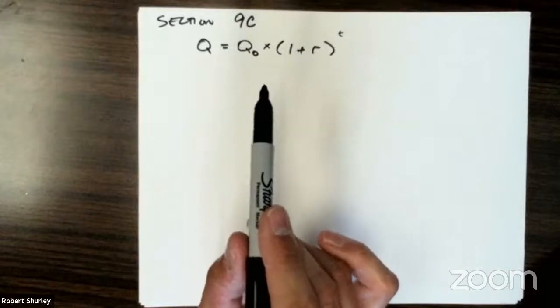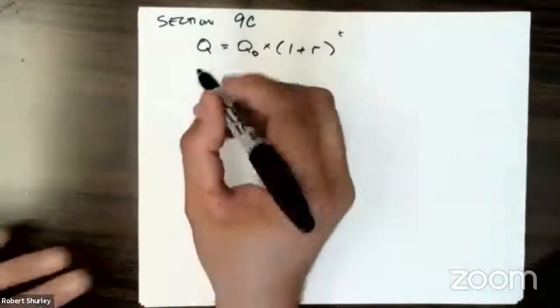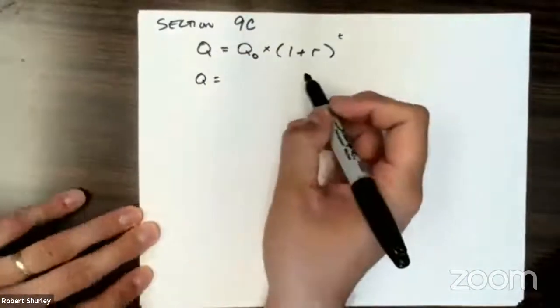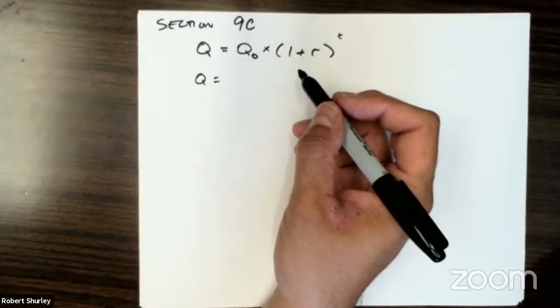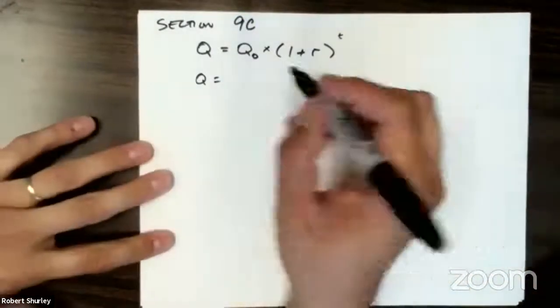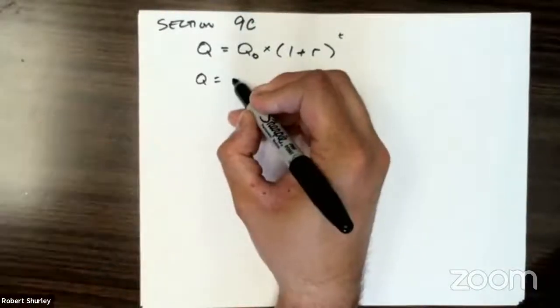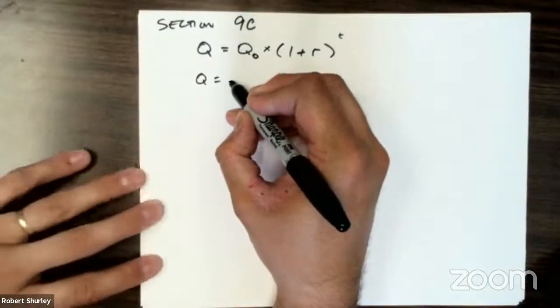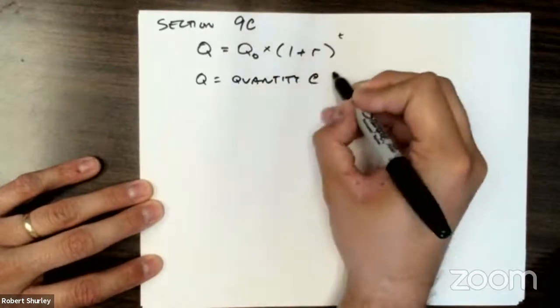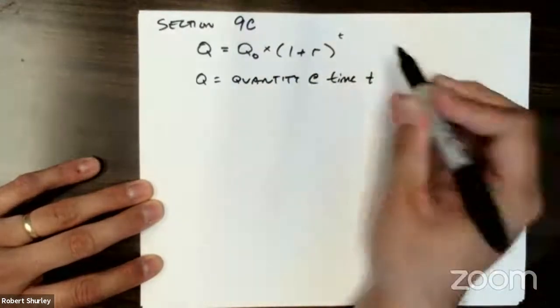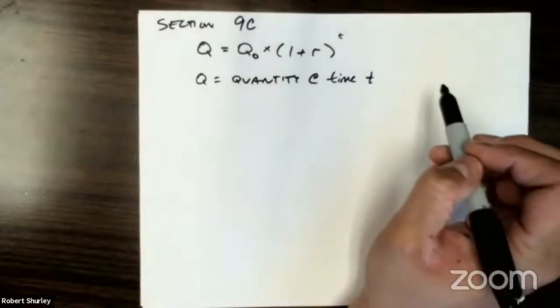So let's go into what each one of these means. Q, and I'm just kind of stealing this from the book, is the value of the exponentially growing or decaying quantity at time t. So I'm just going to say the quantity at time t. That gives away what t is: t is time.